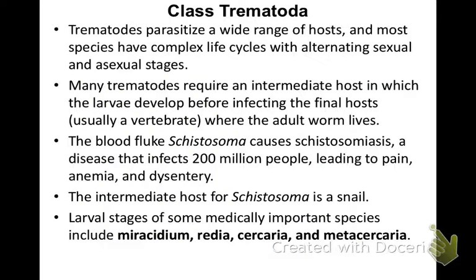Okay, so the trematodes are the flukes, and they are exclusively parasites, and they parasitize a wide range of hosts. An important thing about the life cycle of the trematodes is that they frequently need an intermediate host in which the larvae develop before infecting the primary host.